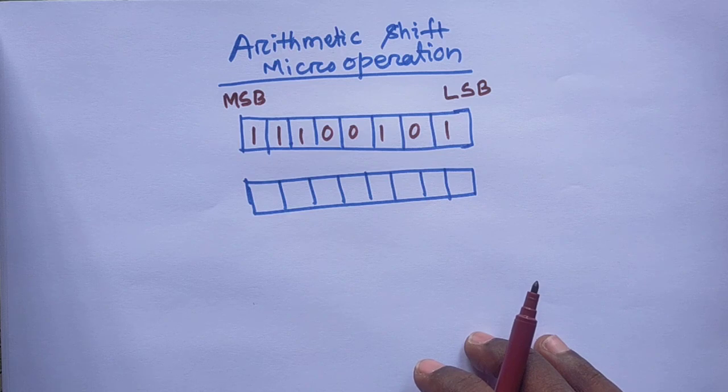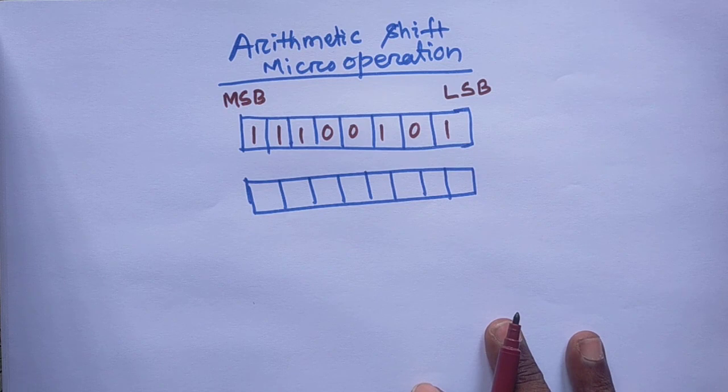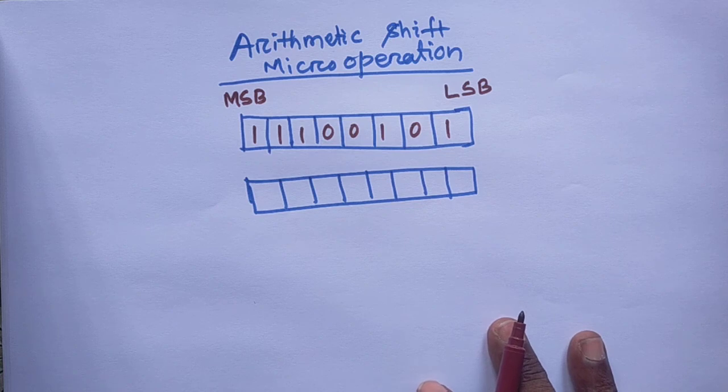Before discussing the arithmetic shift micro operation, we already know the logical shift operation, which is a very simple way to consider. But in the arithmetic shift micro operation, the role of the MSB is important.